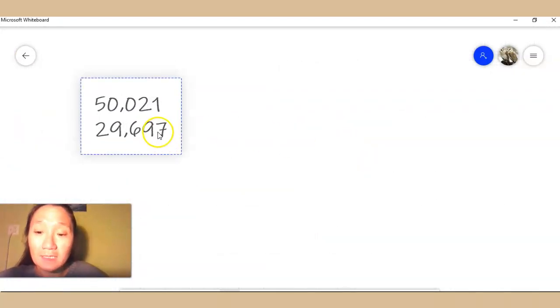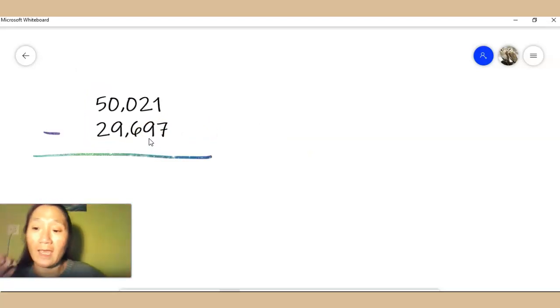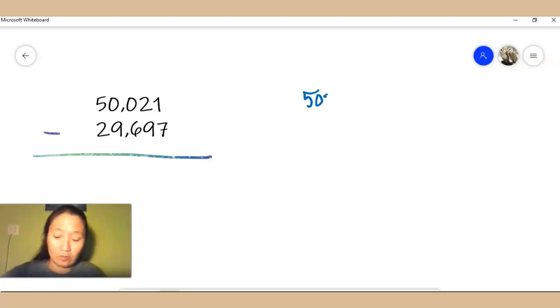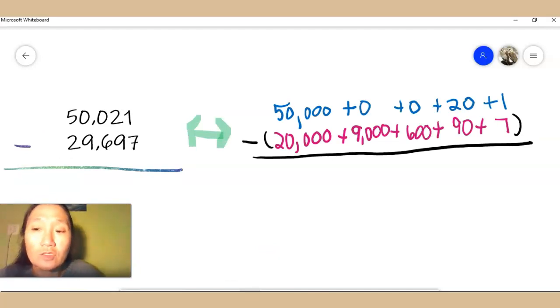So this is the same problem. Again, we're going to be looking at it with expanded form side by side. So I have 50,000 right here. Let me go ahead and get this written out. We have the same numbers over here. So this is 50,021.